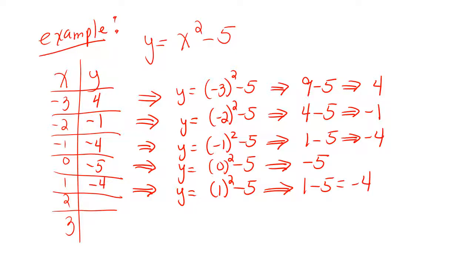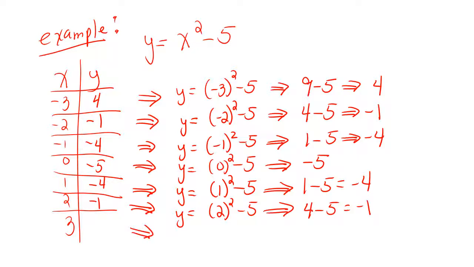Notice both the negative 1 and the positive 1 x values yielded the same thing. That is a symmetry. Next, 2 times 2 is 4. 4 minus 5 equals negative 1. And last, we have 3, which is 3 times 3 since it's 3 squared. And 3 times 3 is 9. 9 minus 5 equals 4.